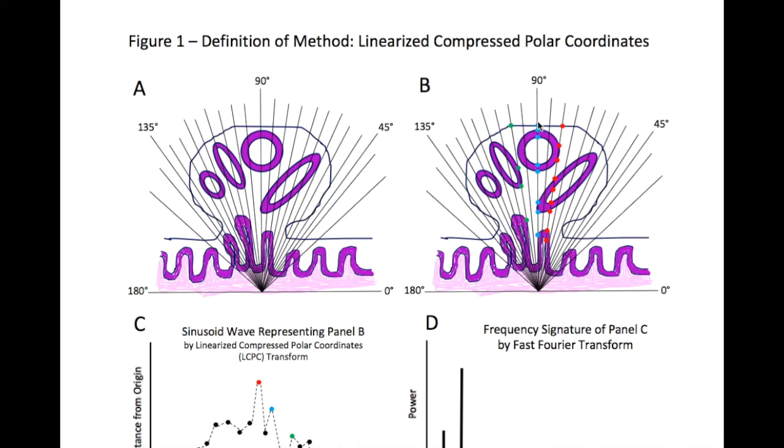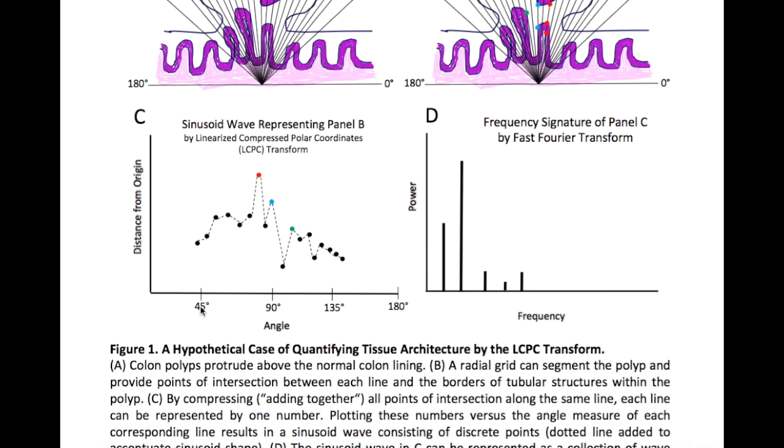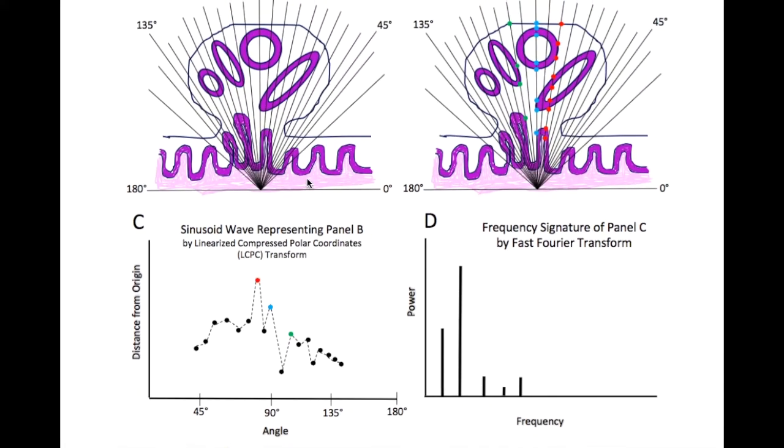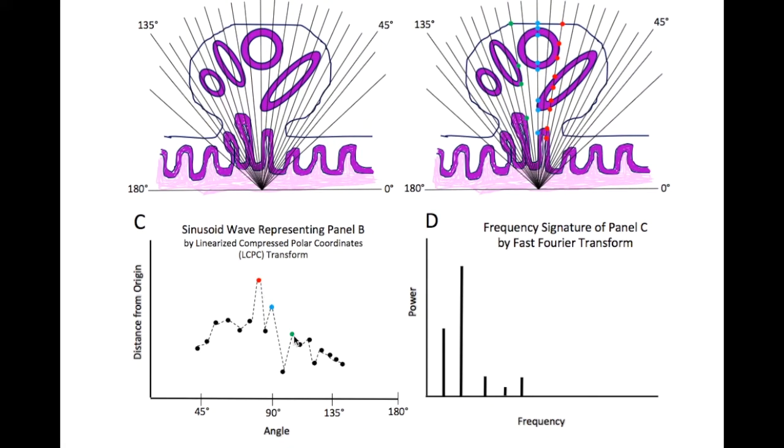I also sum all the distances of the blue dots as one number, and same for the green dots. And so what happens is that if you look in panel C, for every angle measure, I have one value. Here I color-coded the red dot, blue dot, and green dot, what its summed value is. If you add up all the red dots, it adds up to this value. If you add up all the blue dots, it adds up to this value, so on and so forth.